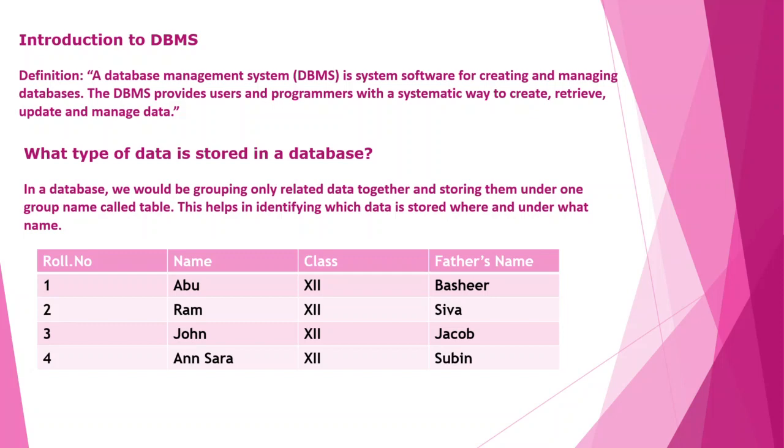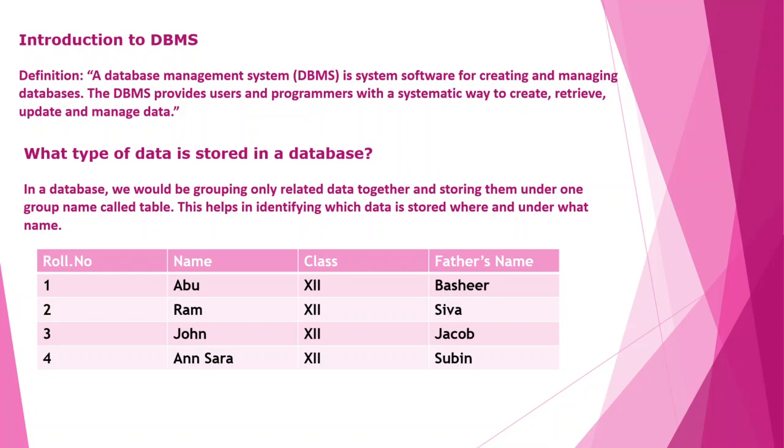For example, we have a table here which shows the roll number, name, class and father's name of the student. Roll number 1 indicates the person Abu who is studying in class 12th and his father's name is Bashir.